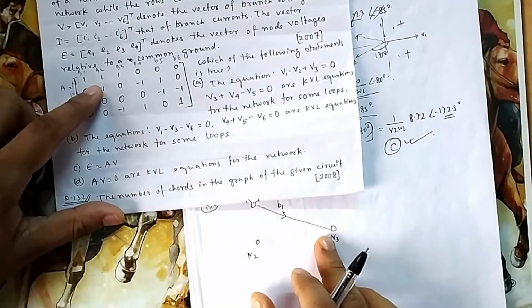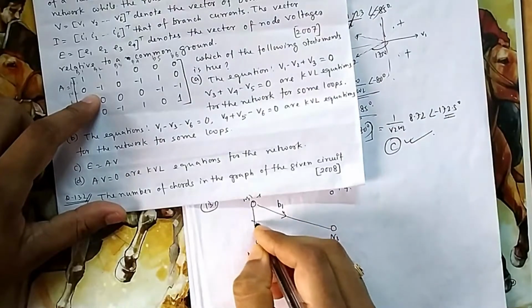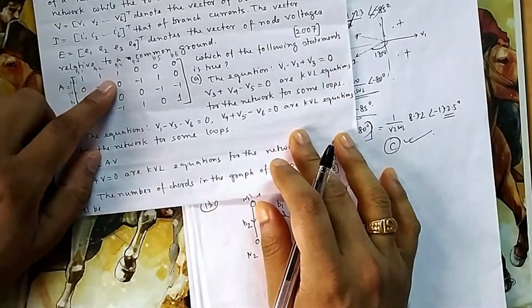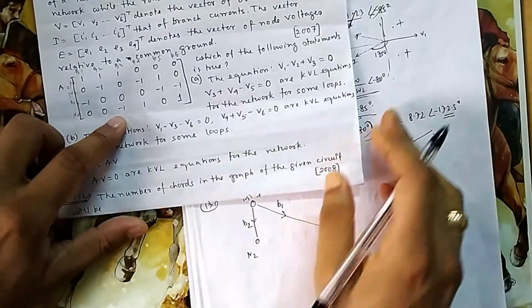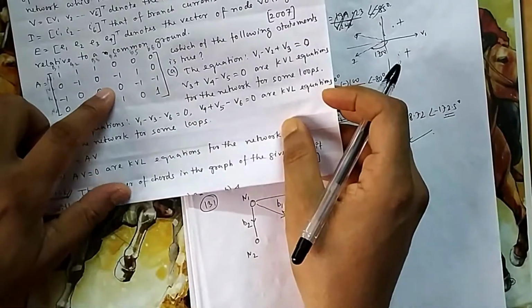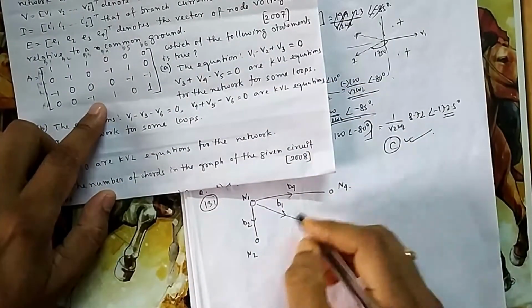Second, branch 2 is again coming out of node 1, but it is entering at node 2. So this is your branch 2. Now branch 3 is coming again from node 1 and it is entering at node 4. Branch 4 is coming out of node 2 and entering node 4.